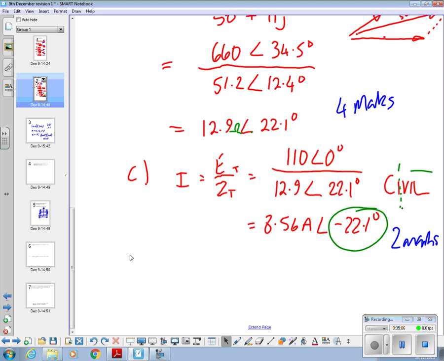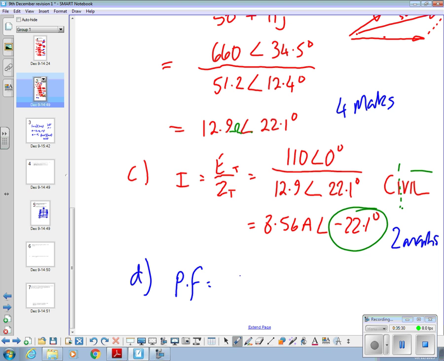Alright? And then lastly, the power factor is equal to, how have we done it?